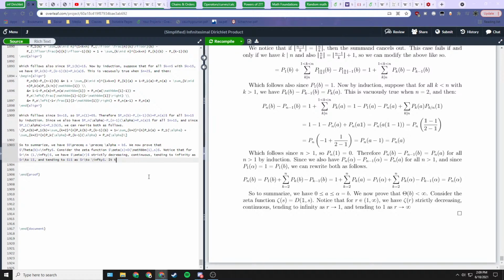It thus follows that there is a unique value theta in 1 to infinity such that zeta of theta is 2.